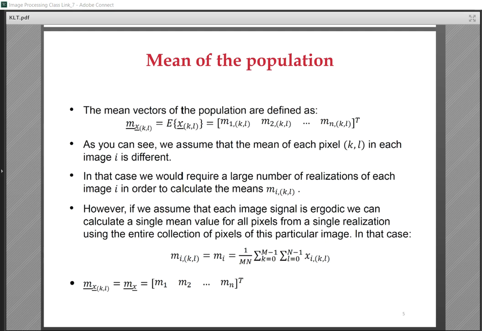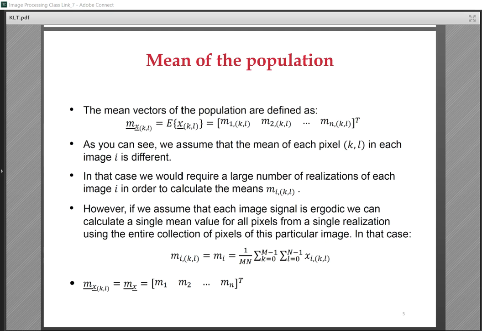That means we do not need to calculate the averages, means, or expected values in all of the images. One image is enough if our variable is ergodic. In that case, mi is computed not requiring all images, only image i, for example image 2.